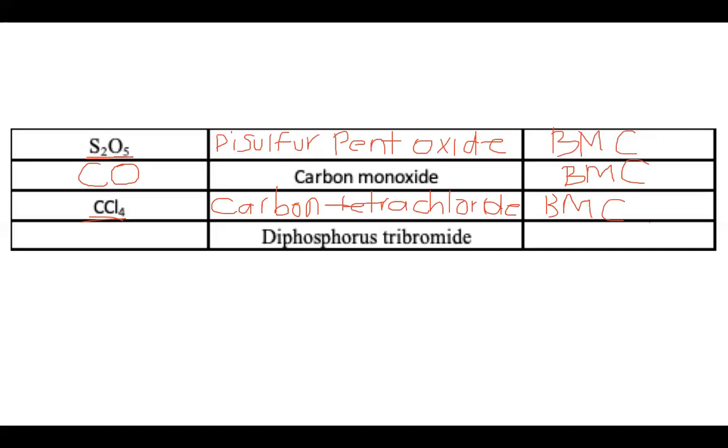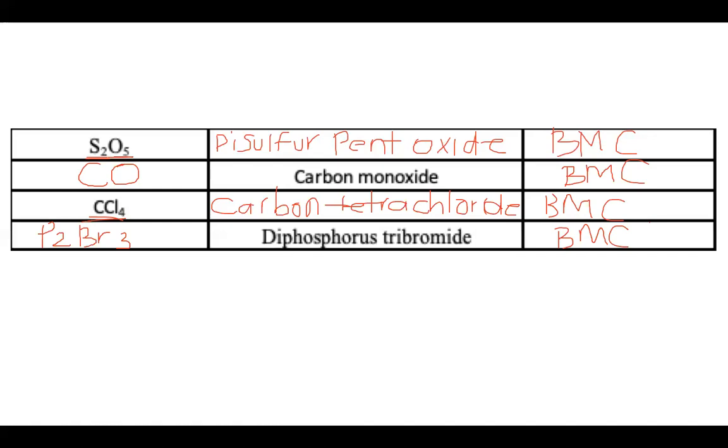It tells us that we have phosphorus, its symbol is P. Bromine is Br, and it has a 3, so we just write this 3, and this is also a BMC. This is like the easiest family to name.